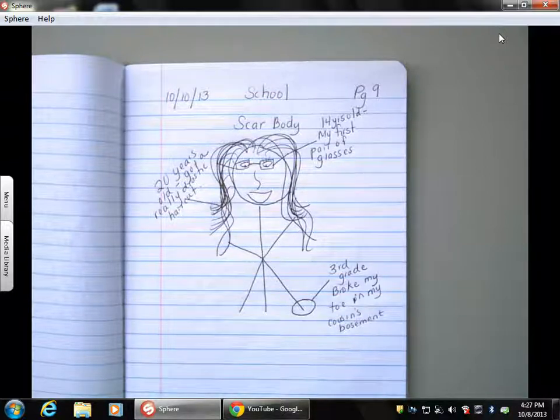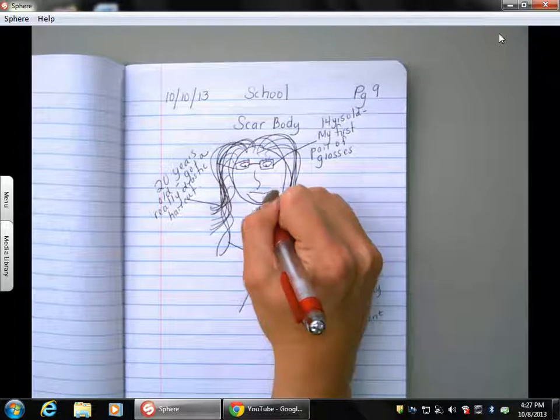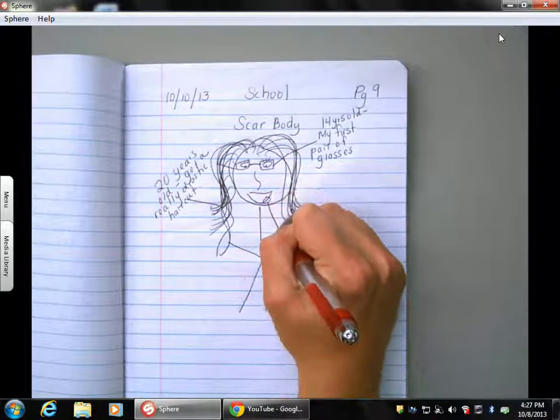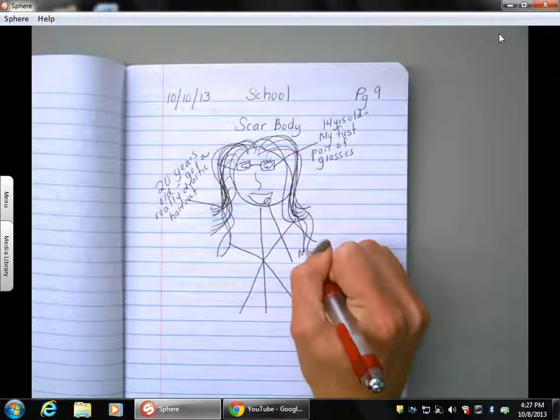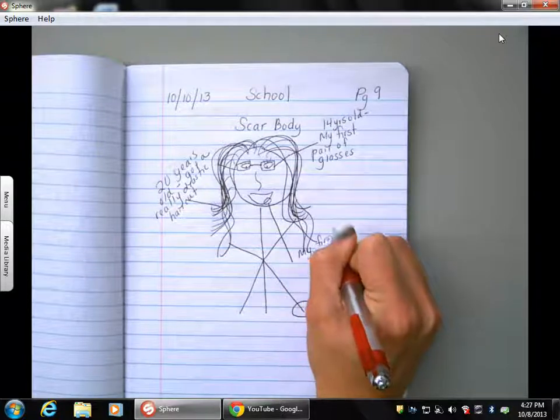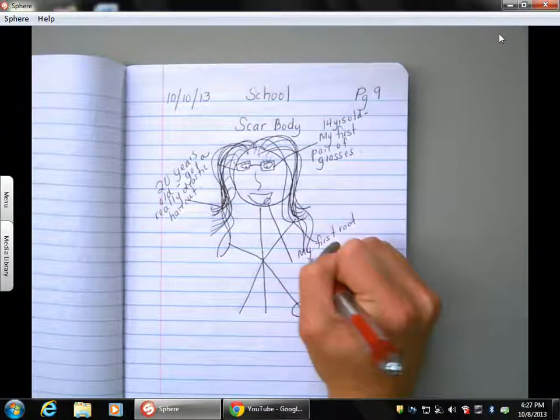Okay? The last thing that I think I am going to pick is, now there's a lot of different things, but I think the one thing that I am going to pick is when I had to get a root canal at the dentist. Ugh, my first root canal, and boy, was that painful.